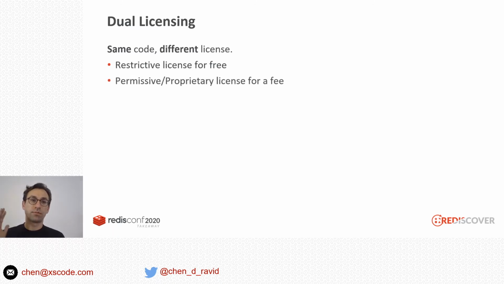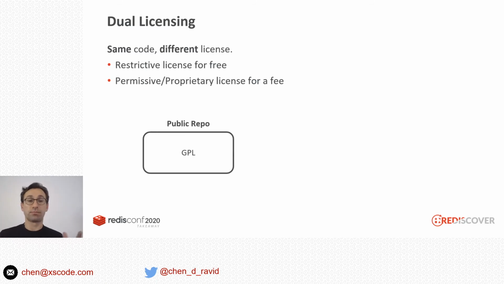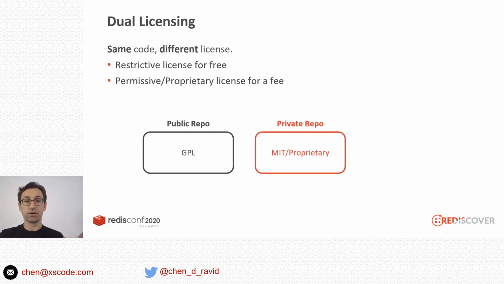So you keep your restrictive license version for free, but you give a permissive or a proprietary license version for a fee. If a company wants to use your code in a commercial product, they need to pay. For example, you keep a public repository on GitHub that is GPL licensed, and GPL is a great way for restrictive or copyleft licensing, and you keep the exact same code but with a more permissive license like the MIT license or any other license.